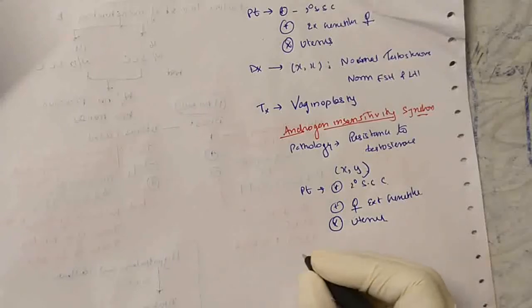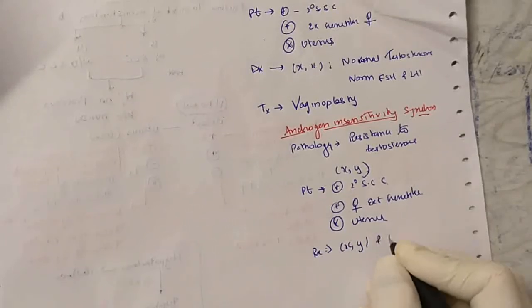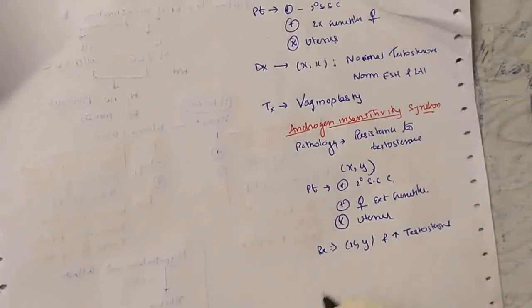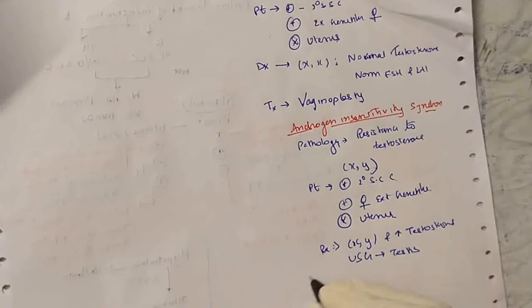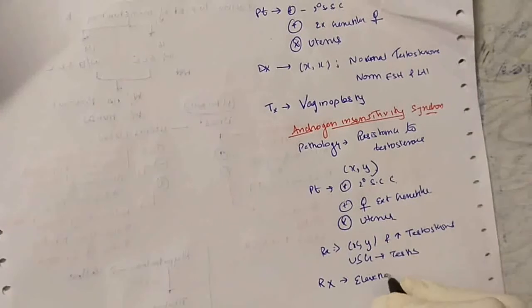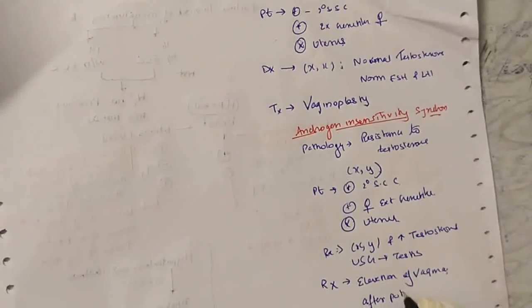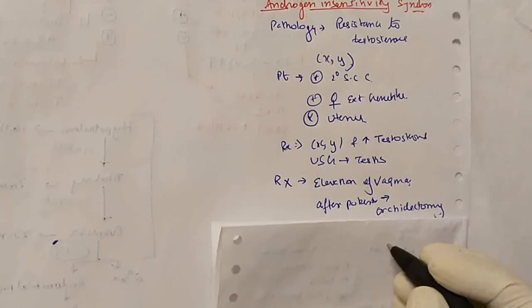Diagnosis is made by presence of XY chromosome and increased level of testosterone, and on USG we see testis. Treatment is elongation of the vagina, that is vaginoplasty, and after puberty we do orchidectomy to remove the testis.